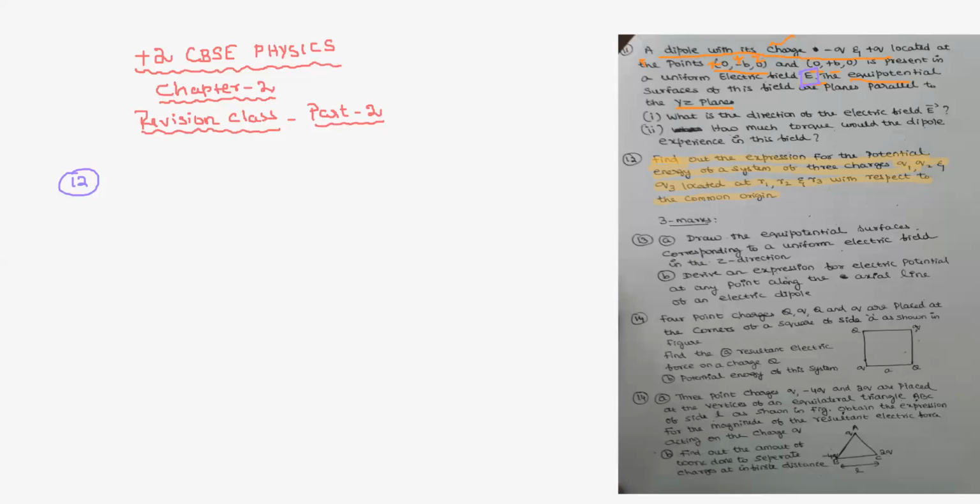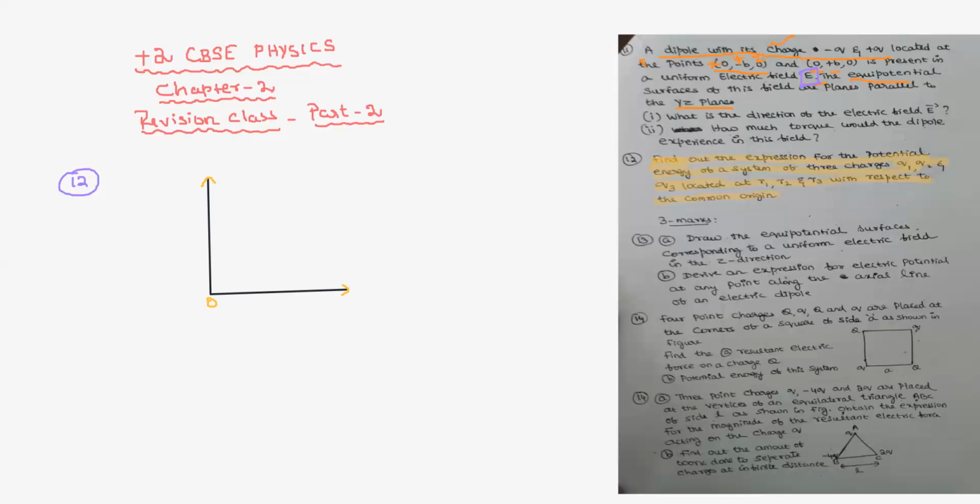Let us take a common origin. So this is one axis and this is one axis. This is the origin, and then we have three charges at positions r1, r2 and r3.